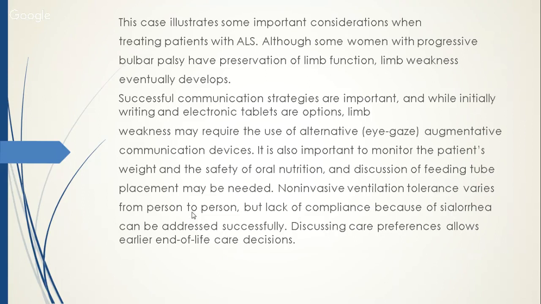And basically, there's the use of methods such as the eye gaze, like the one that was used with Stephen Hawking for a long time. These are all methods to try to improve their quality of life. And of course, discussing these things early on makes it much easier.